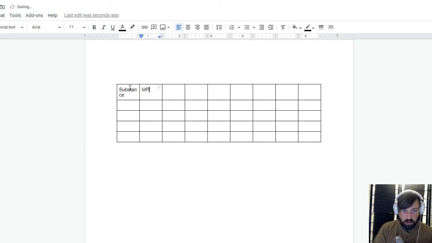We're going to do melting point, the solubility in H2O, the solubility in hexane, conductivity as solid, conductivity in solution, and then last thing is bond ID.